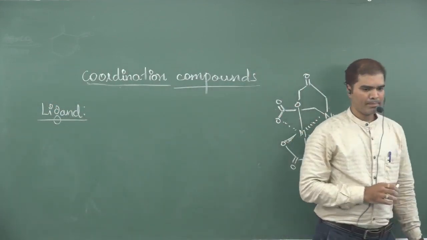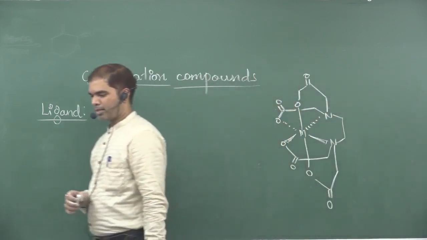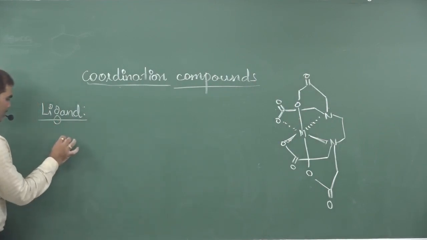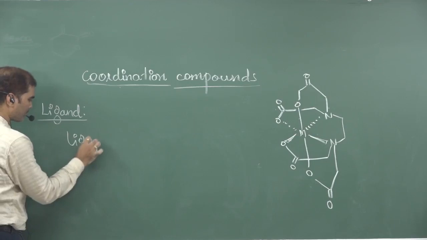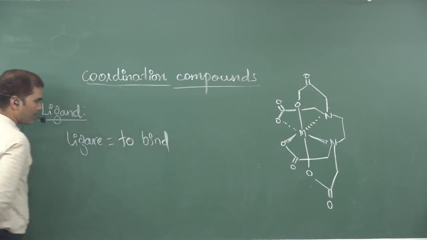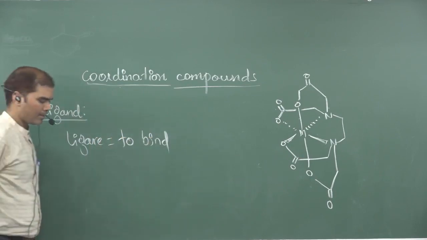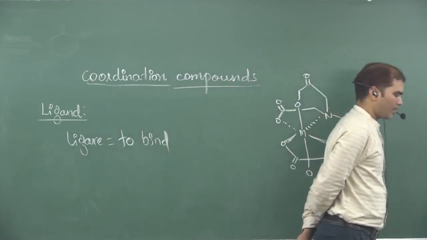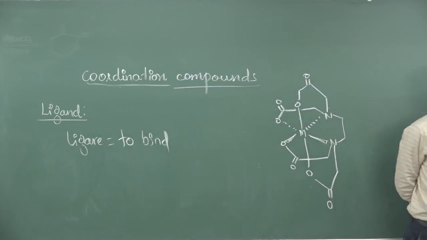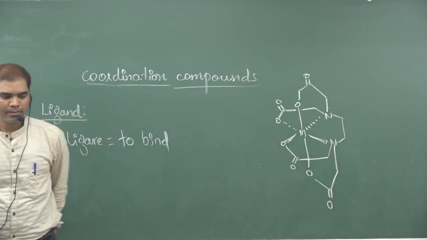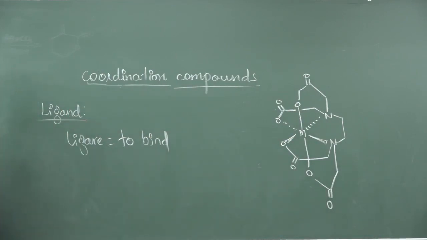Ligand is an atom or a group which has the potential to bind with the metal. It may form a sigma bond, it may form a pi bond, but still it is binding with the metal.